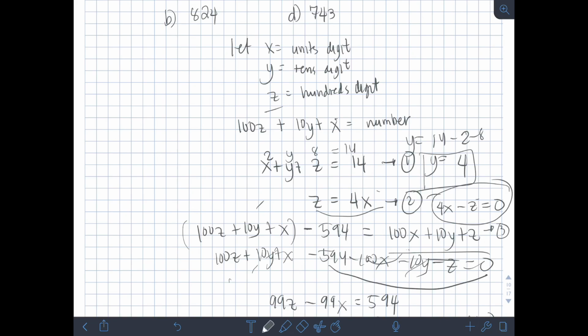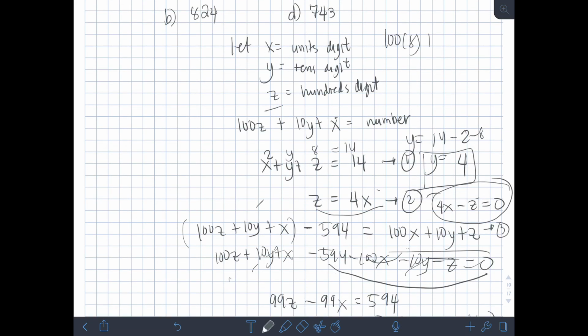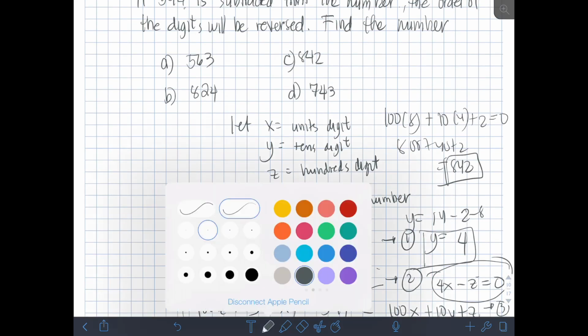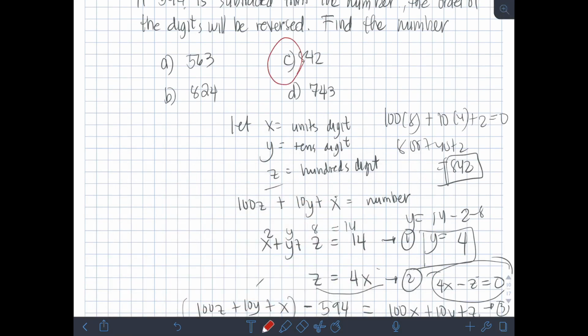So the number is 100 times 8 plus 10 times y, which is 4, plus x, which is 2. So we have 800 plus 40 plus 2, or 842. So the answer is letter C.